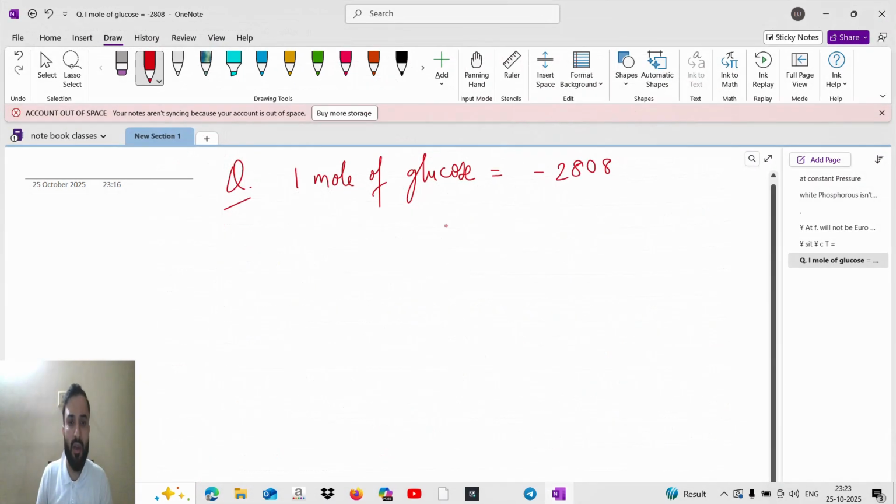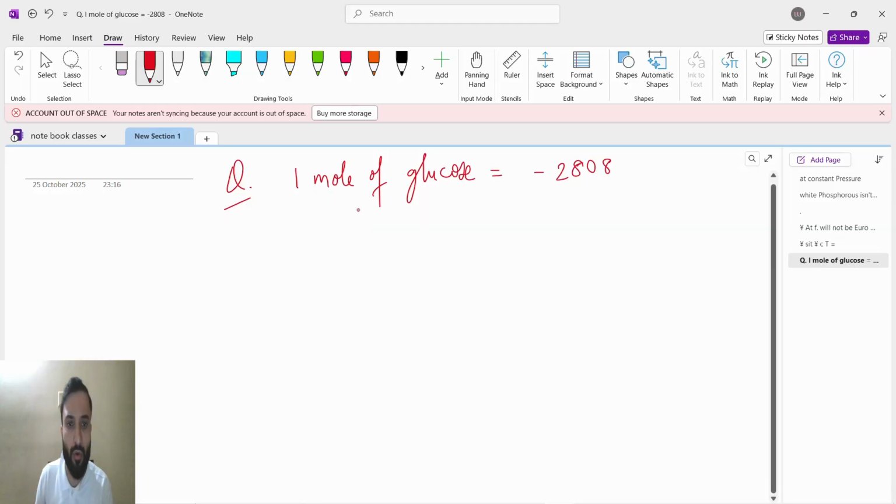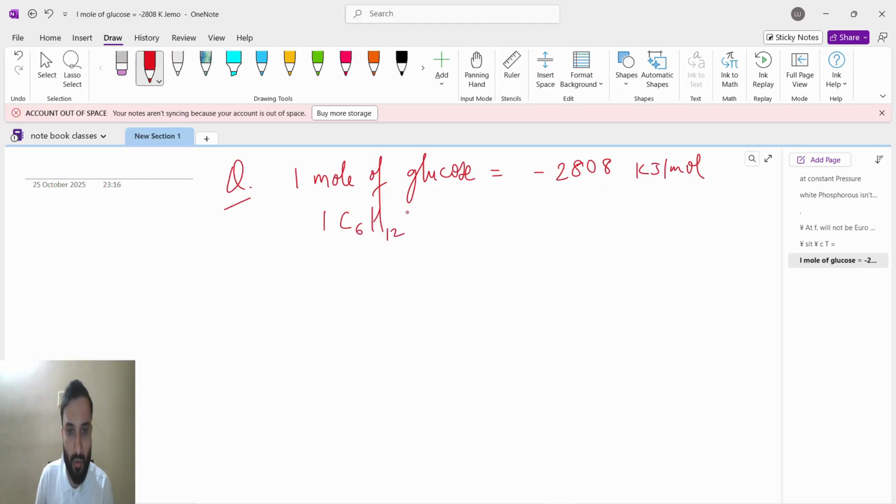Very simple, guys. 1 mole of glucose is how much? 1 mole of glucose is this much kilojoule per mole. So 1 mole means C6H12O6, right? 1 mole of glucose is minus 2808 kilojoule per mole. So 1 mole of glucose is how many gram?